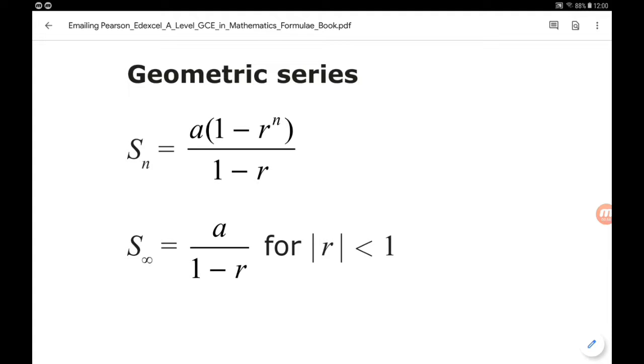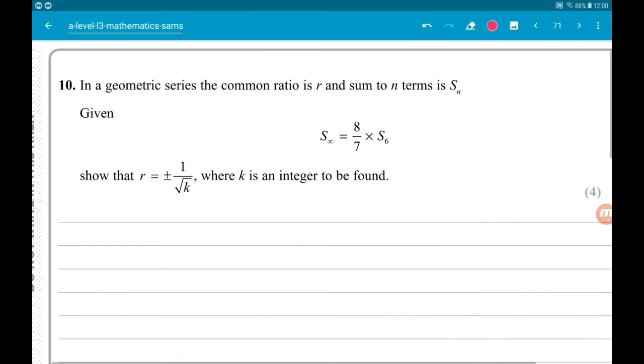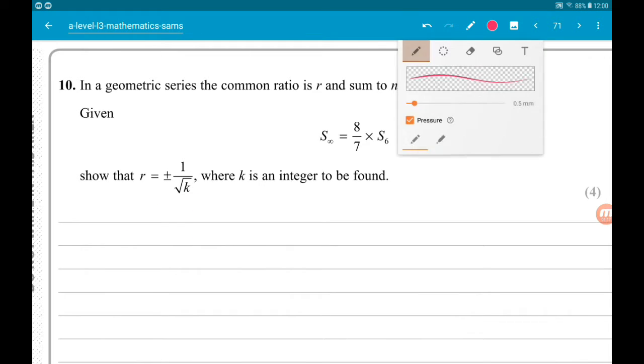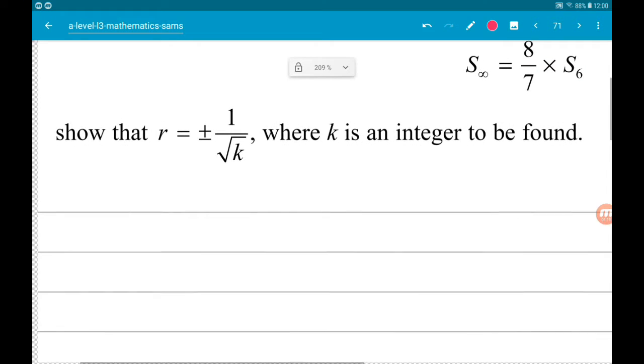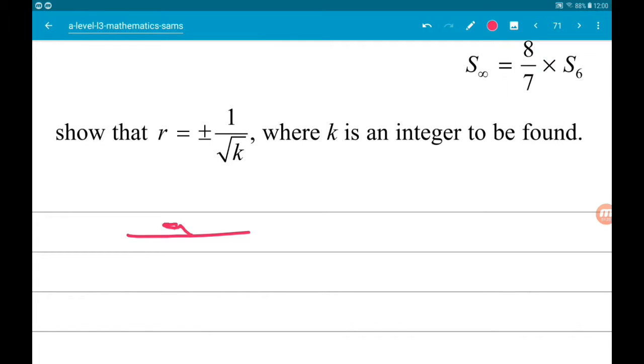So, we know then the sum to infinity is a over 1 minus r, where a is the first term.